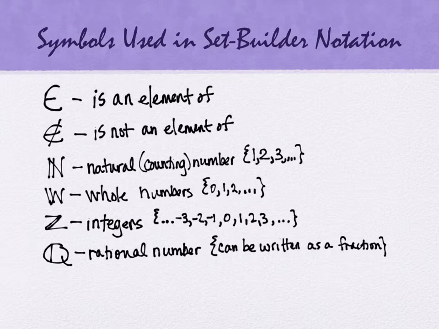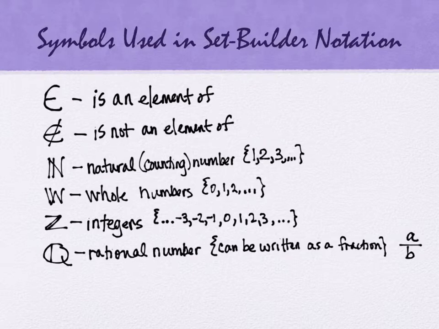So rational numbers are written as a Q because when you think about them in a fractional form, like A over B, another name for a fraction or a division is a quotient, right? That's where the Q comes from. So we're not using R because Q stands for quotient.